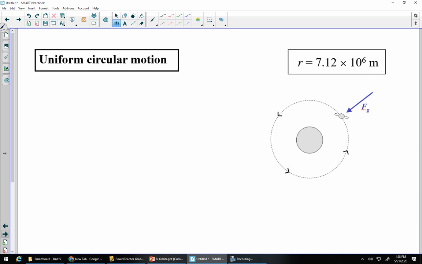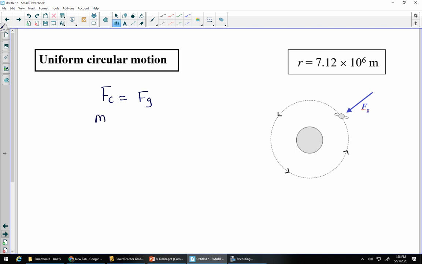Now I want to use the ideas of uniform circular motion, and I know that Kepler said these are more like ellipses, but it's a pretty good estimate if we're using circular motion. So I'm going to say FC is equal to FG. Start off with what is causing that satellite to stay in circular motion. So what is my net force?